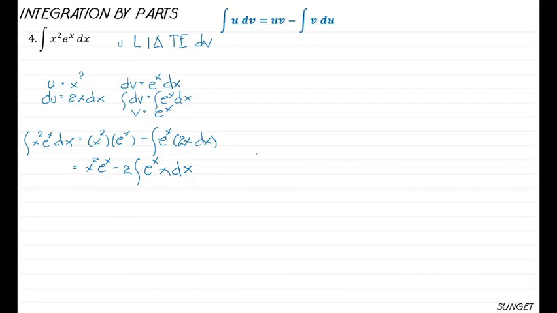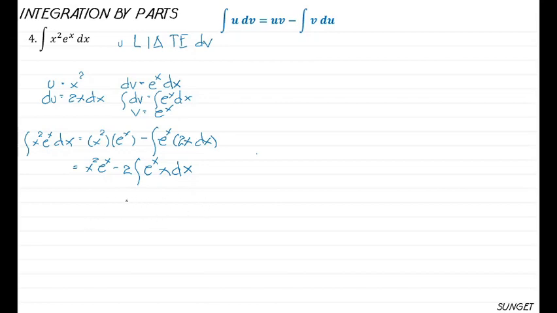We should always remember that it may happen that a particular integral requires repeated applications of integration by parts.